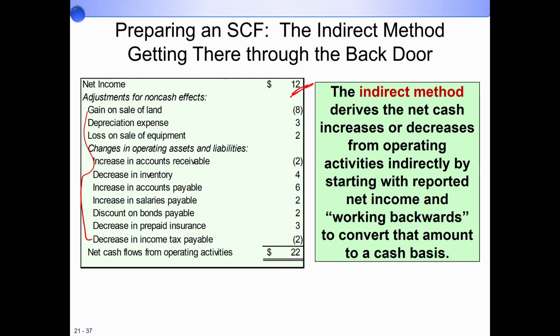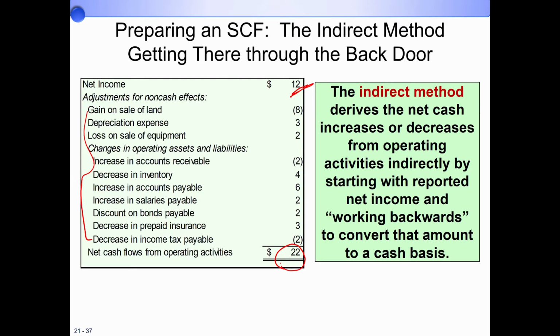You can see we have a bunch of adjustments, plus, minus. And then by the end, it's going to be net cash flow. So this is the so-called indirect method. We try to figure out net cash flow from operating activity indirectly, starting with net income.